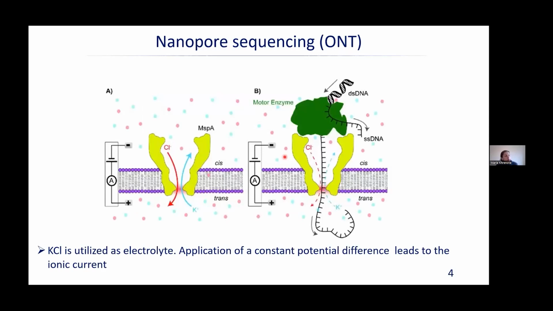Here is the cross-section of the nanopore. All this happens in solution, and this solution has an electrolyte, potassium chloride.